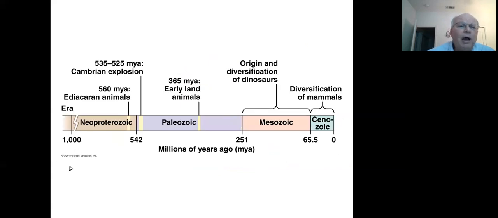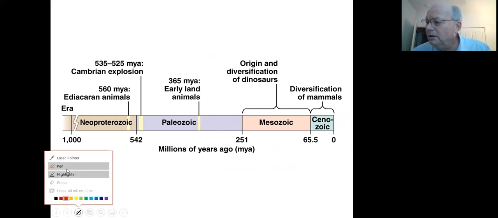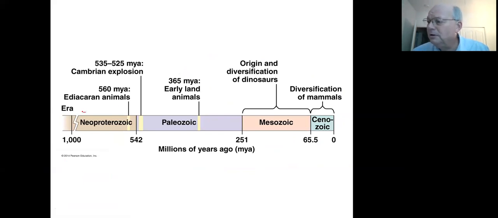So if we look at the timeline for animals, the animal kingdom, remember again that we think the emergence of the common ancestor to all animals lies back here, about 1 billion years ago.